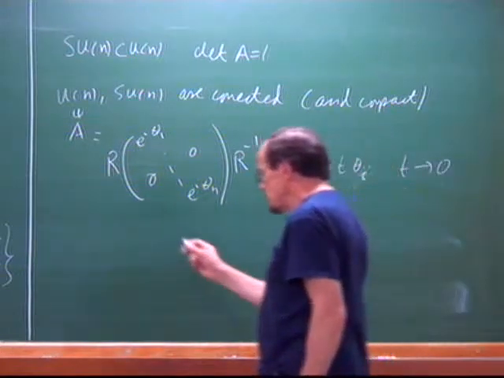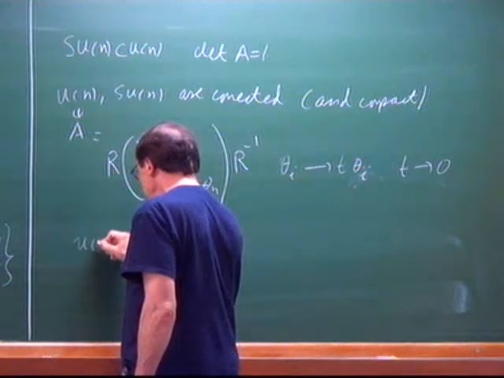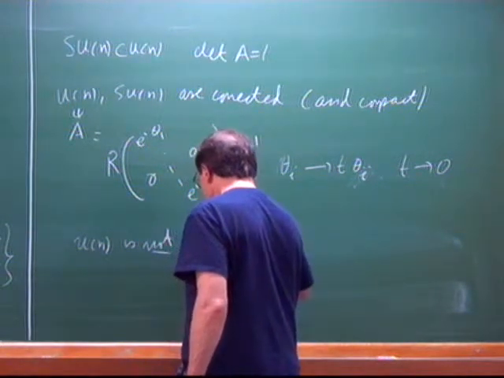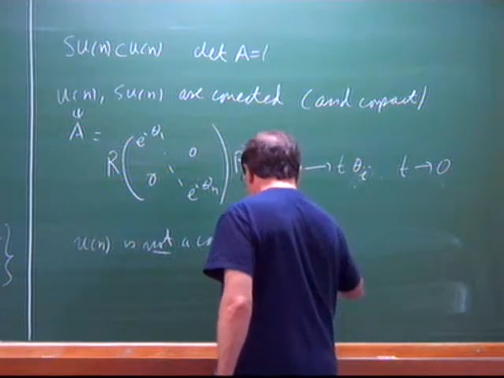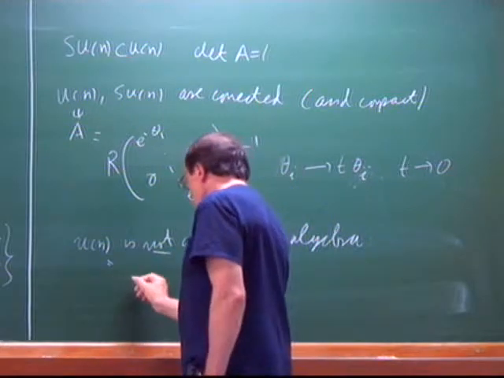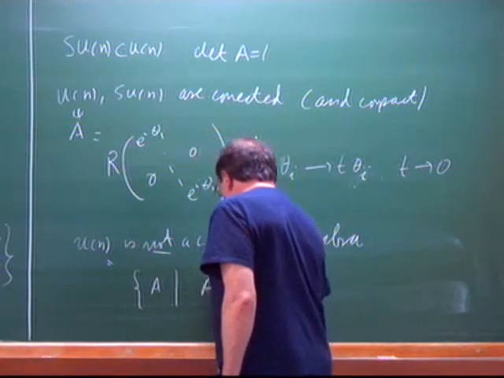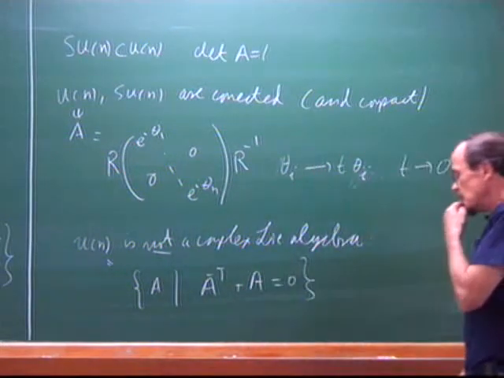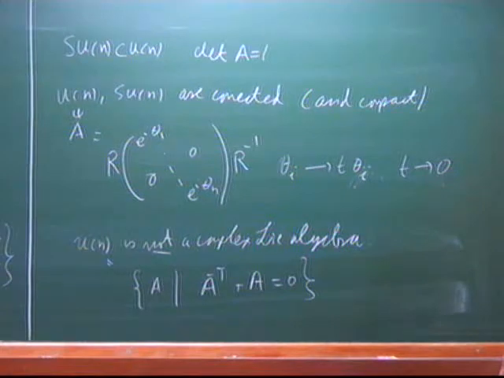One observation, if that's kind of important: u(n), the Lie algebra, is not a complex Lie algebra. Well, you might think that's complex. No, it's not. But what is it? It's the set of all A where A bar transpose plus A is equal to 0. But if I add two matrices of this type, it doesn't satisfy the same thing again. So it's not a complex Lie algebra. But what happens when I complexify?